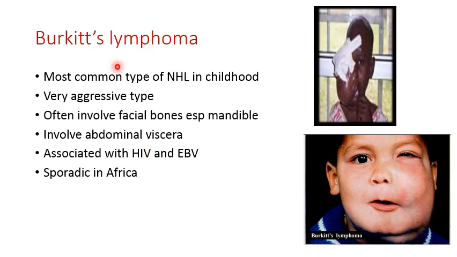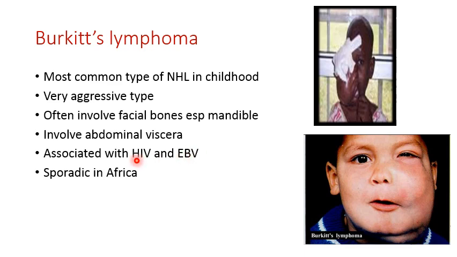Burkitt lymphoma, you should know about Burkitt lymphoma. It's the most common type of non-Hodgkin's lymphoma in childhood. It is very aggressive, and commonly involves the facial bones, especially the mandible, and can cause significant disfigurement in childhood. The second reason is that it is associated with HIV and EBV.